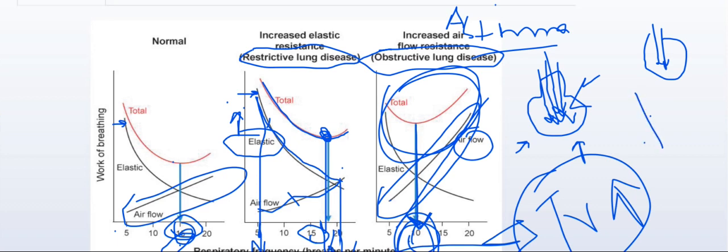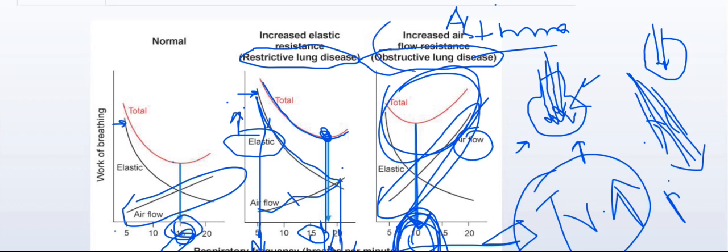As you know, there is some kind of obstruction, and when you put in more air, that will relieve the obstruction. So from here we can infer that in obstructive lung diseases, we have to decrease the respiratory rate and increase the tidal volume to overcome the increased airflow resistance. That's all for today.